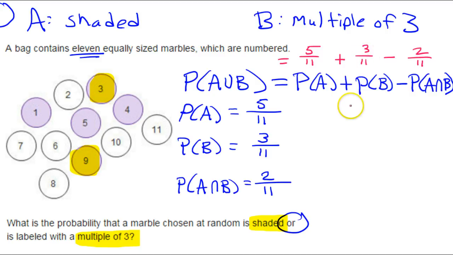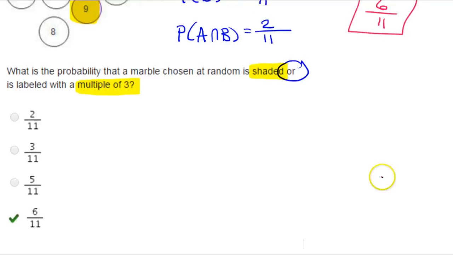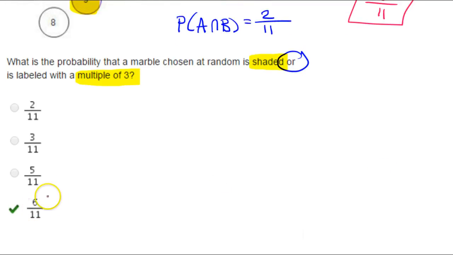And then 8/11 minus 2/11 is 6/11. So that should be the overall probability of event A or B, 6/11. All right, and there you go.